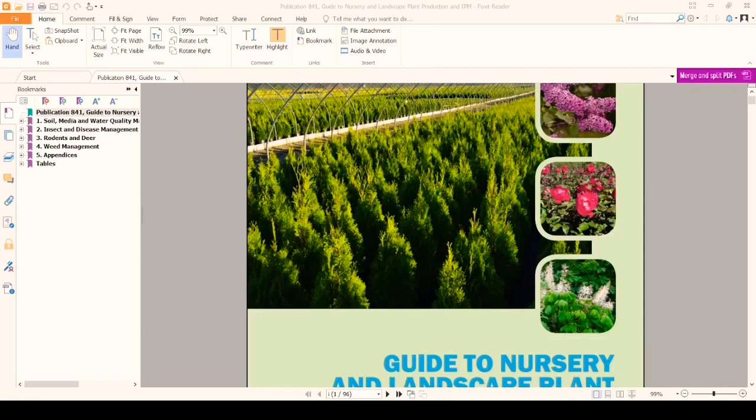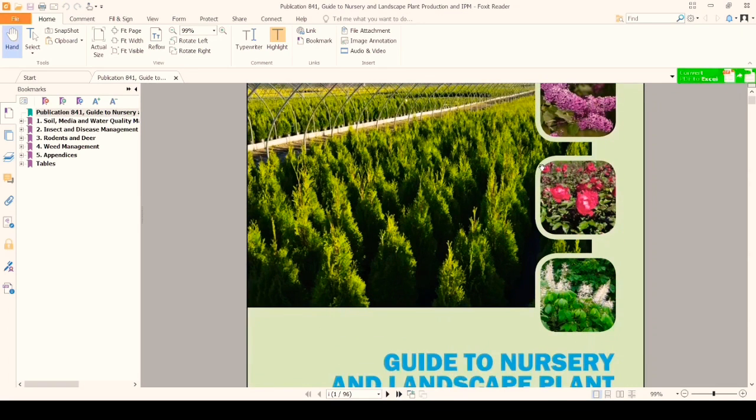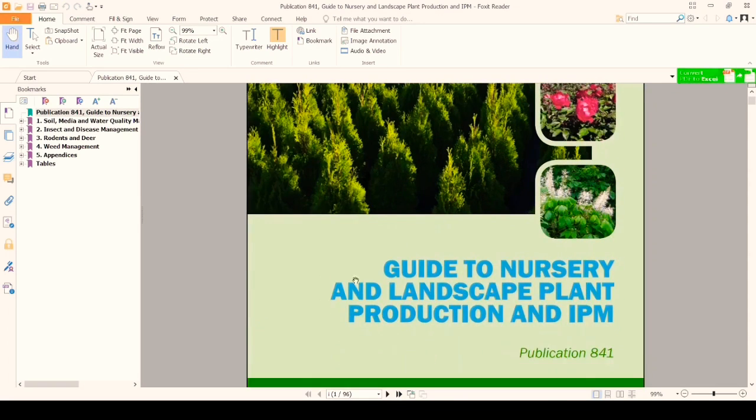So now I look at Publication 841, Guide to Nursery and Landscape Plant Production and Integrated Pest Management by the Ontario Government.